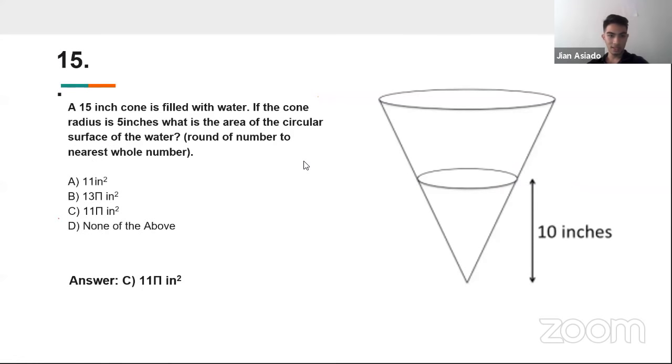Okay, and then lastly, number 15, ito, 15-inch cone is filled with water. And then, 10 inches yung height ng water doon sa loob ng cone. Pero si cone mismo, ang height niya ay 15.